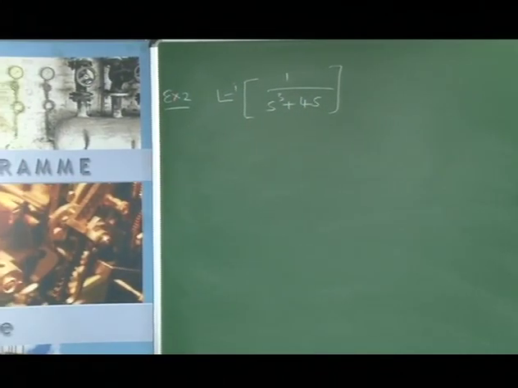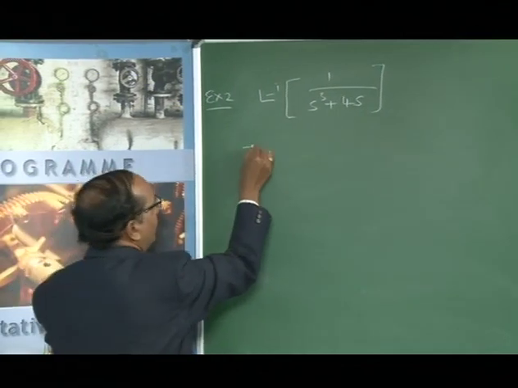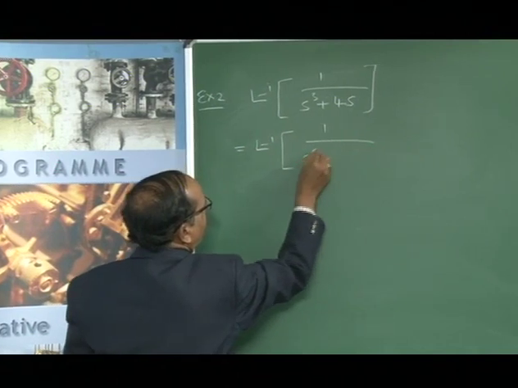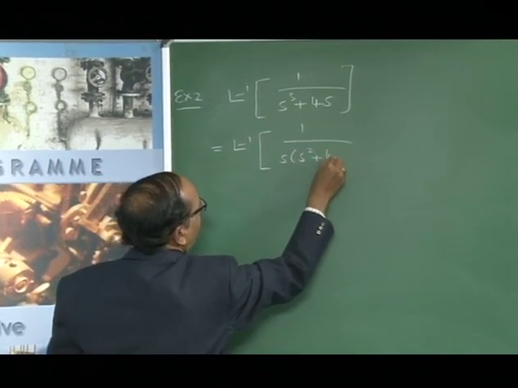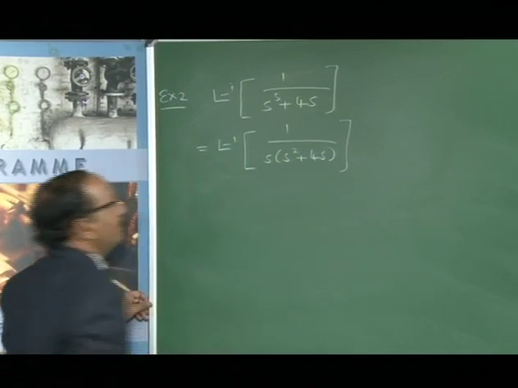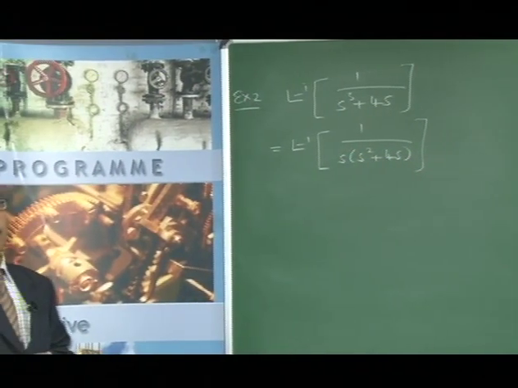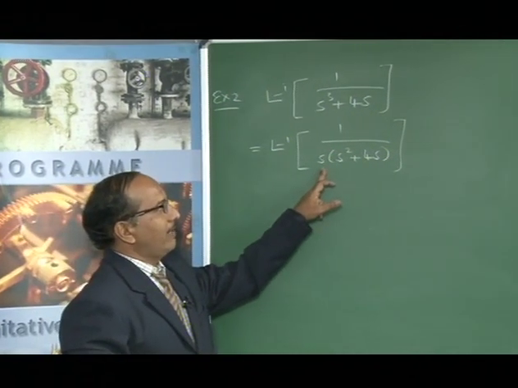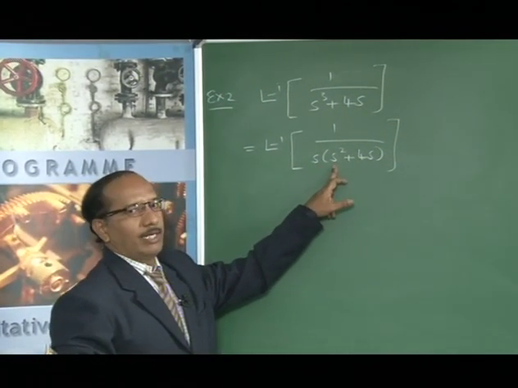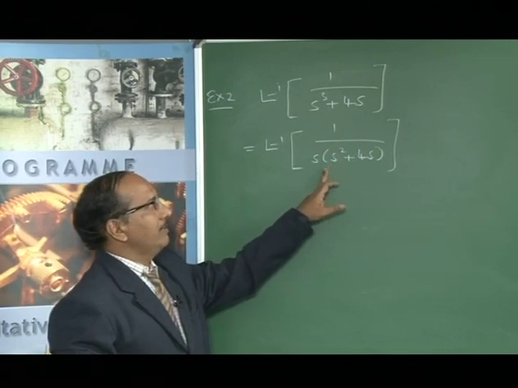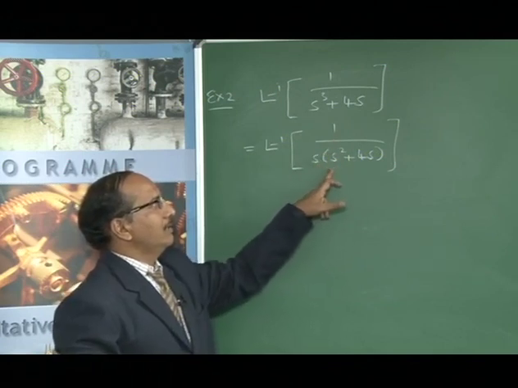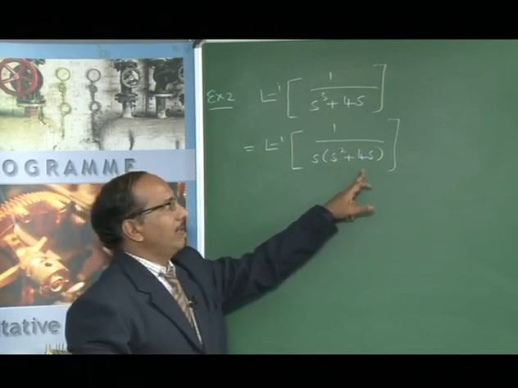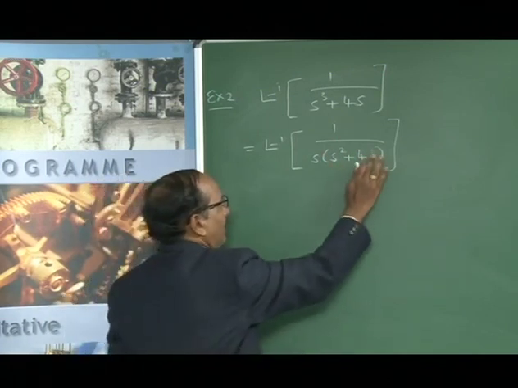So, one can write, taking s common in the denominator, L inverse of 1 divided by s, s common, into s square plus 4. Now, one can use the partial fraction method again. See the denominator, one is a linear factor s, the other one is a quadratic factor. By partial fraction we can write a divided by s, then for the quadratic term, bs plus c divided by s square plus 4.